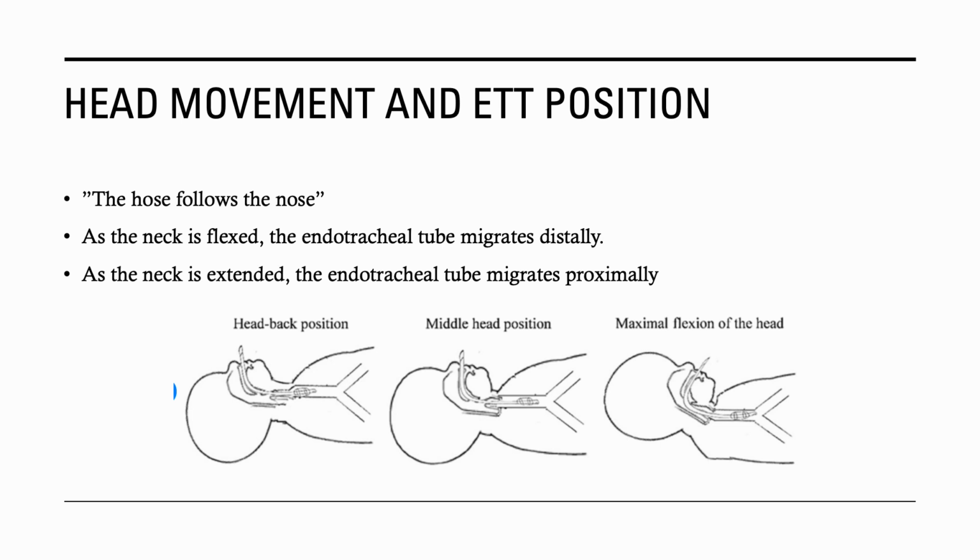In an opposite way, when the neck is extended up toward the ceiling, the tip of the endotracheal tube can be pulled back and migrate proximally, and in extreme circumstances, the patient can actually be extubated.